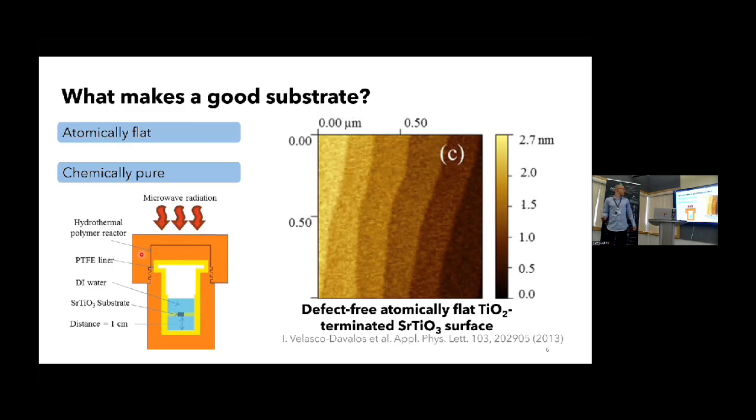Through this hydrothermal process activated by microwave radiation, we were able to produce defect-free surfaces, which, because they are titanium dioxide terminated, are even stable under ambient conditions. So there's no need for a vacuum or protected atmospheres.